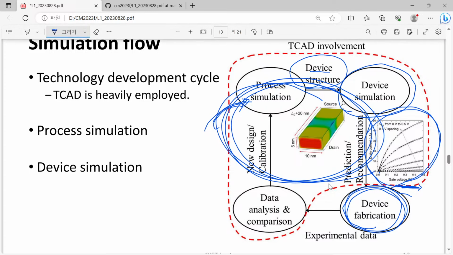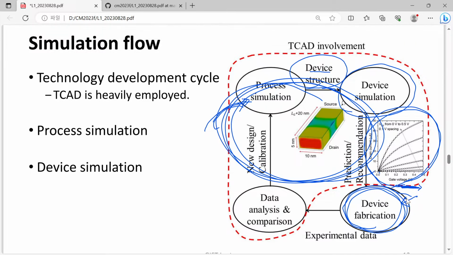However, when the fab is ready for massive manufacturing, things become a little bit different. Now we can have silicon data, and when we have silicon data, we can make a comparison between predicted performance and measured performance, and also our device simulator or process simulator can be calibrated to the realistic silicon data.